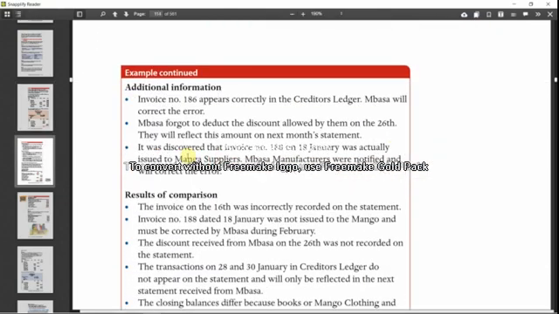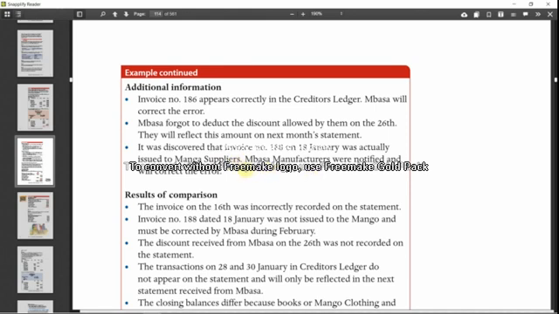So then it is also indicated it was discovered that invoice number 188 on 18 January was actually issued to Mango Suppliers. Mabasa Manufacturers were notified and will correct the error. So we are Mango Suppliers. So they put a different supplier's invoice on our statement.